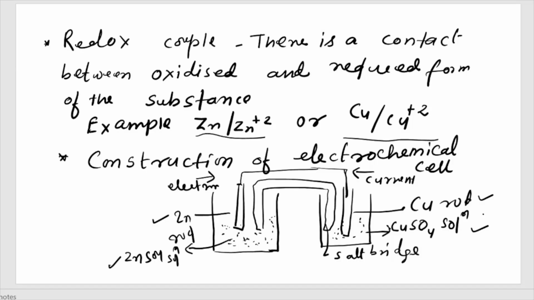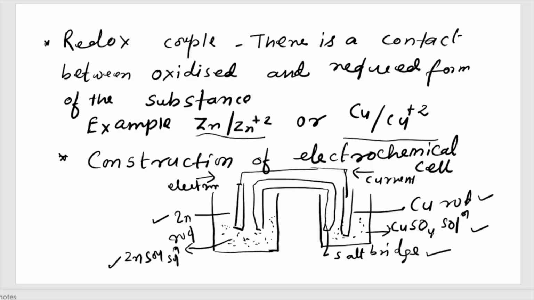Then there is another point, that is called the salt bridge. See, this is called the salt bridge. That means a salt bridge which is put inverted, with one side in zinc sulfate and one side in copper sulfate.